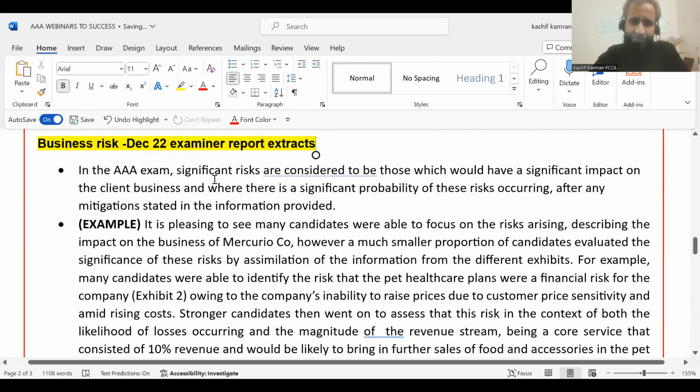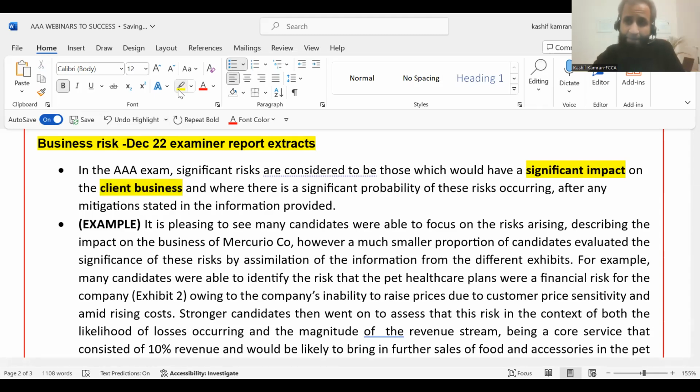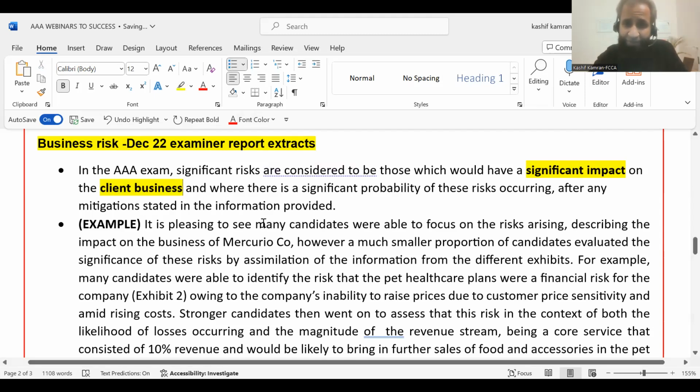In the AAA exam, significant risks are considered to be those which would have a significant impact on the client business. Here the client business was listed. So you are looking for impacts on, again, profit, sales, market repute, and where there is a significant probability of a risk occurring.